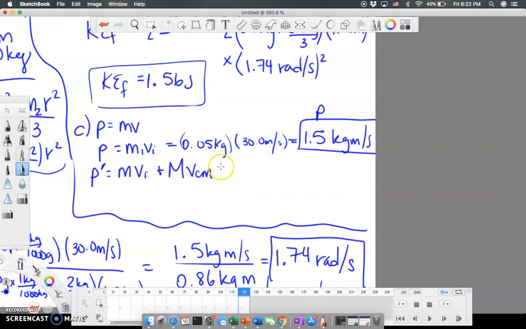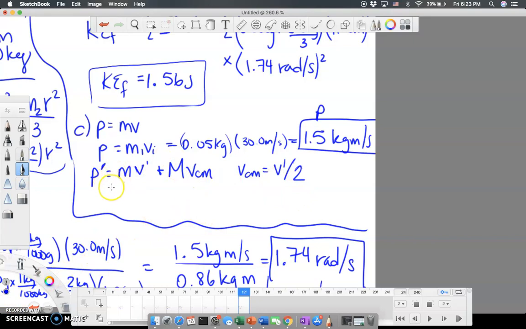Now our center of mass velocity is calculated as just V prime divided by 2. So this is going to be my center of mass linear velocity. We can go ahead and simplify this as m plus larger M, or m1 plus m2, times v prime, divided by 2.